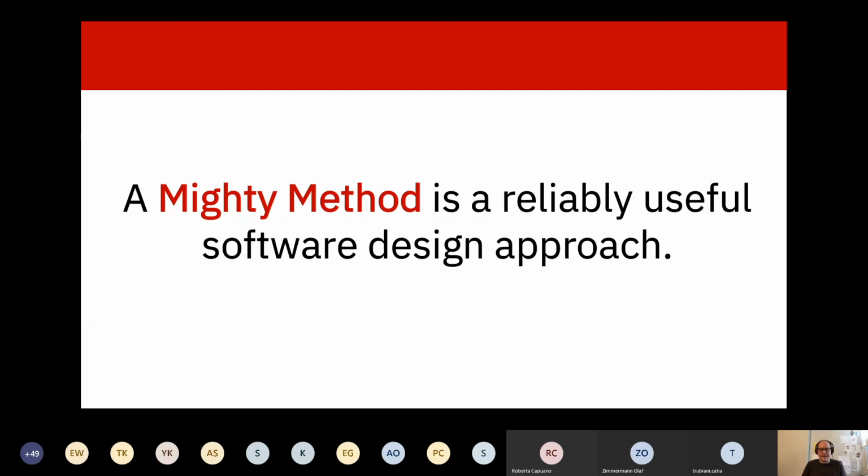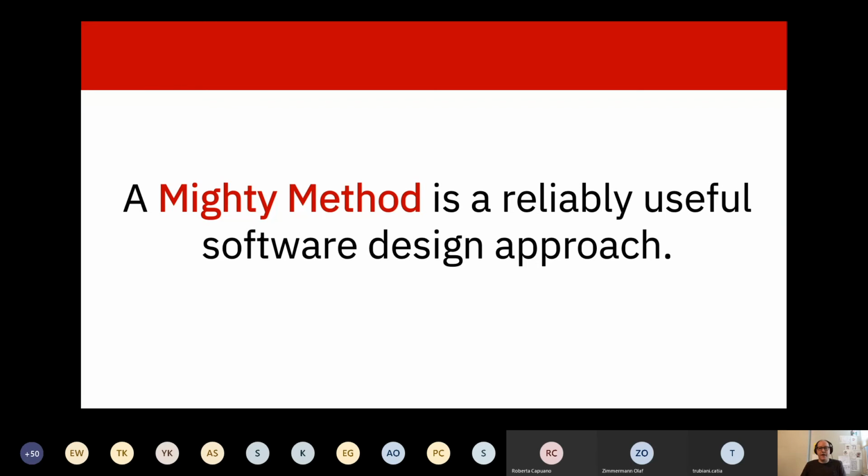We're talking about mighty methods, which is, here's a stab at a definition. So a mighty method is a reliably useful software design approach. Okay, reliably useful in a variety of contexts and a variety of situations, software systems, and something that is used relatively frequently.